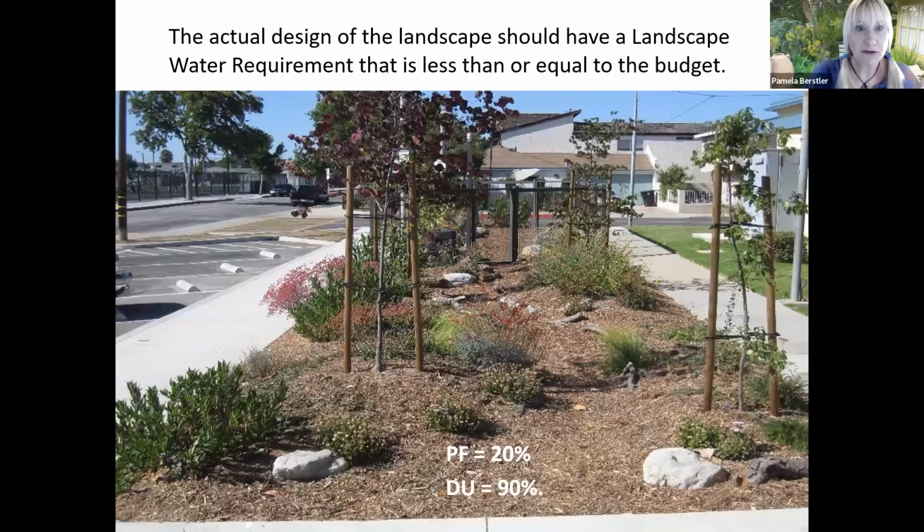It's one hydrozone. I take my square footage, multiply it by my ETO, multiply it by my plant factor for the zone, divide it by my distribution uniformity, multiply by 0.62, and that's going to tell me the estimated total water used by this landscape, or my landscape water requirement in this particular place with this particular landscape.